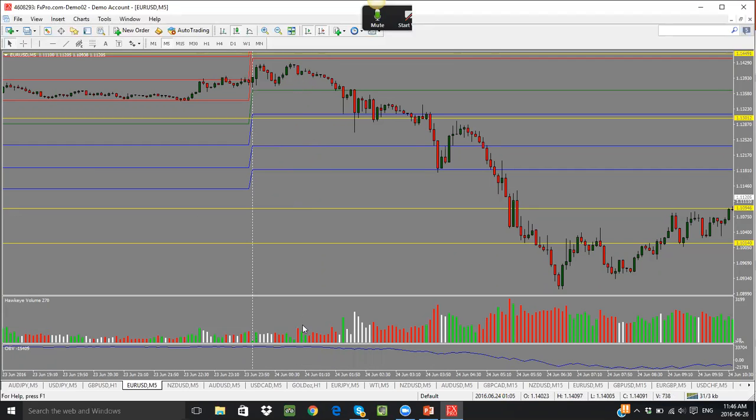This means it's a pullback, not an actual reversal. So we see a nice candle close corresponding with a large volume bar, and then small candles with decreasing volume. At this particular point in time it's just a pullback, so going long here is not a good idea because it is not an actual reversal.